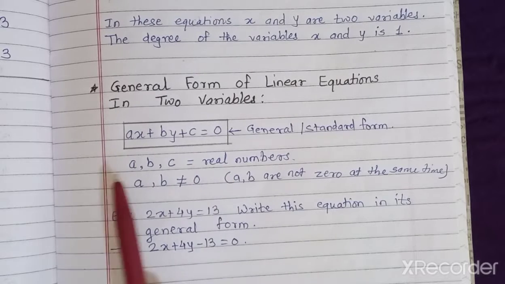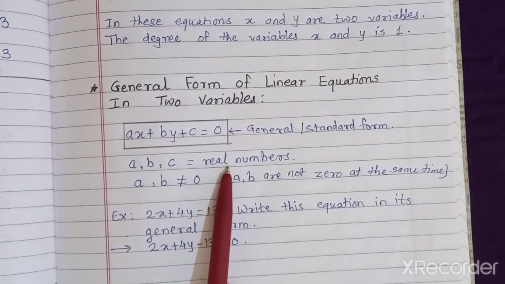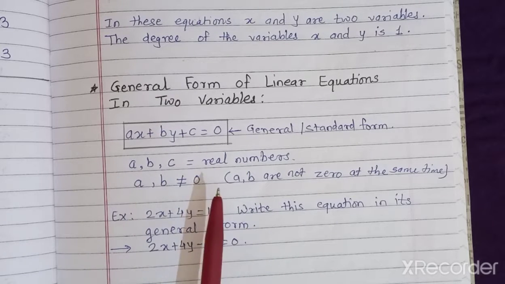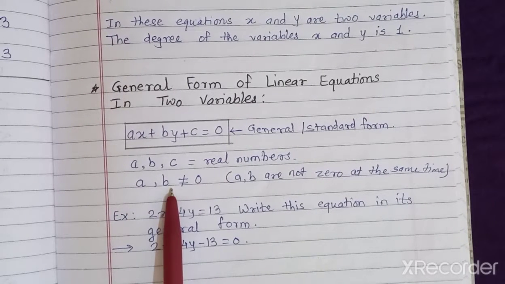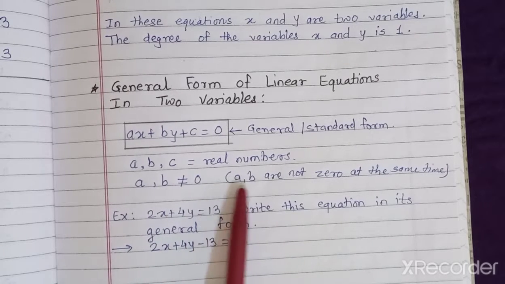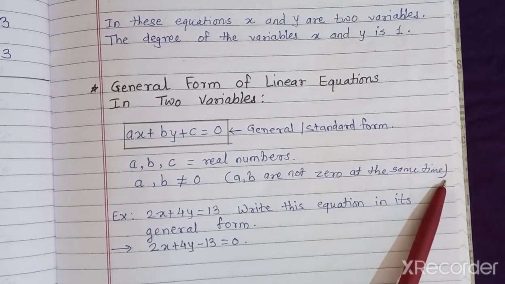It means the values are real. What is meant by real numbers? Real numbers are the numbers which are present on the number line. It means negative, positive or 0. But the values of a and b are not 0 at the same time.